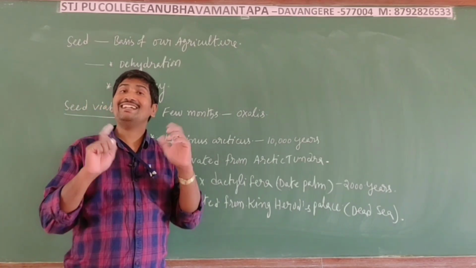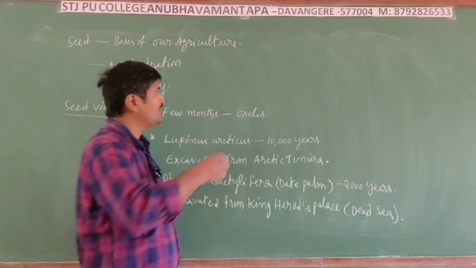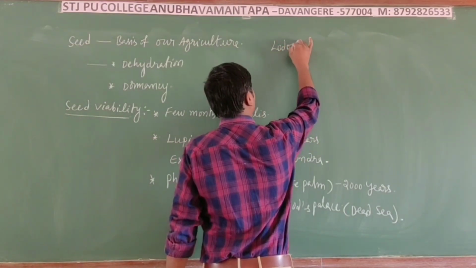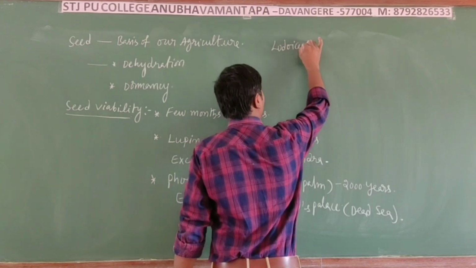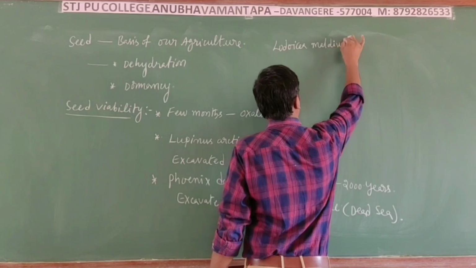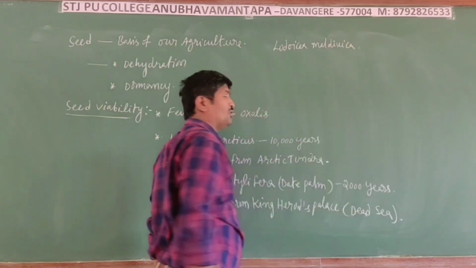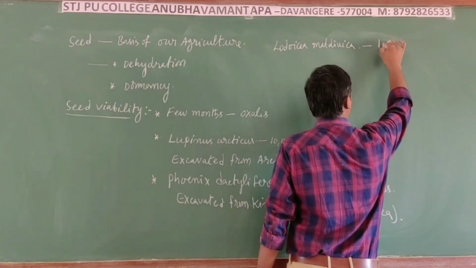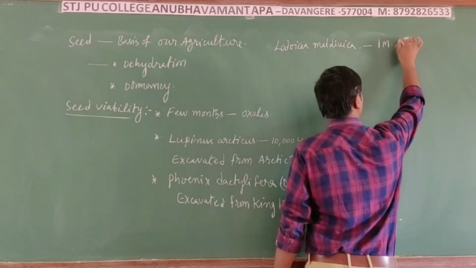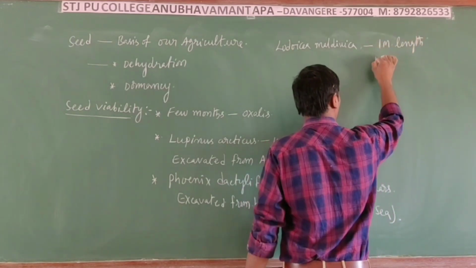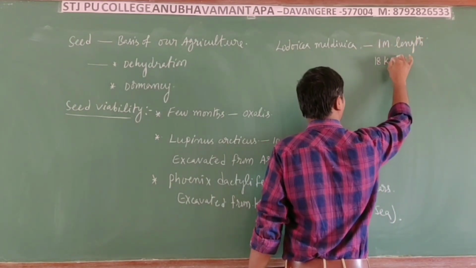Next one, the seed size is also variable. Best example, Lodoicea maldivica. It is one of these seed. Length is 1 meter and weight is 18 kgs.